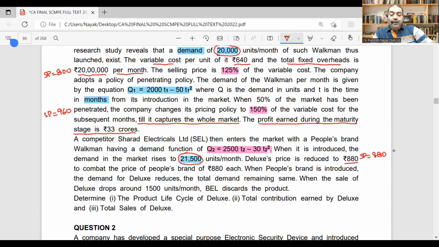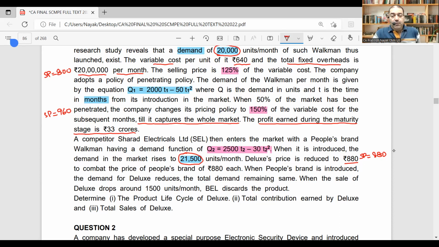Then 960 minus 640, my contribution will be 320. And then finally, I have the selling price as 880. 880 minus 640, my contribution will come down to 240 when the competitor enters. And subsequently, we are going to stop the production. So these are the things that you have to keep in mind.